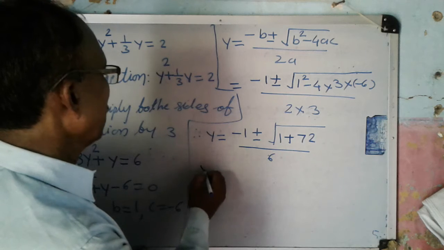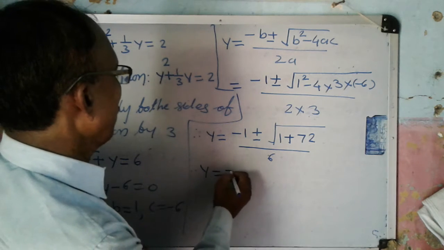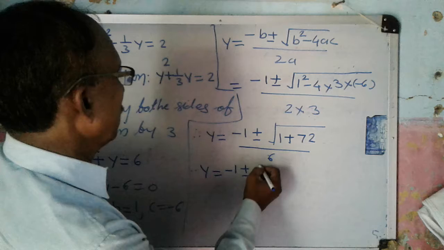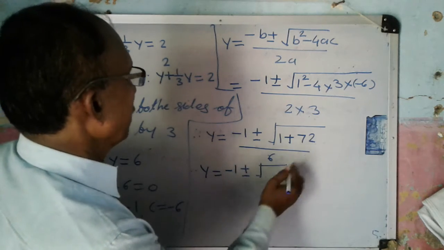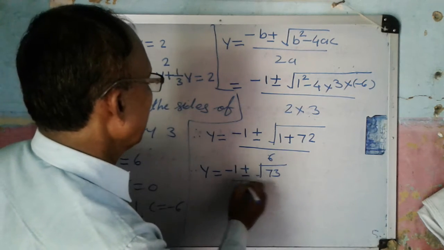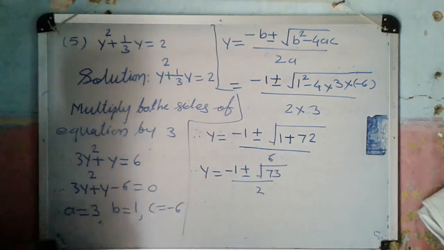Therefore here we get y is equal to minus 1 plus or minus under root 1 plus 72 we get 73 upon 2.